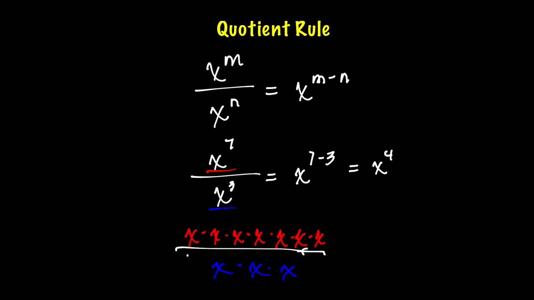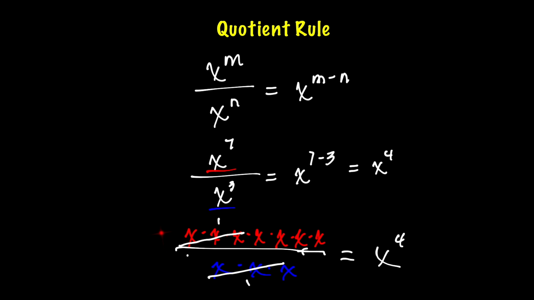So what happens here is 3 of these cancel with these 3. So remaining on the top, we have 1, 2, 3, 4. And this is a 1, and this is a 1. I guess they could have written that in there, technically. And that just gives me x to the 4th.